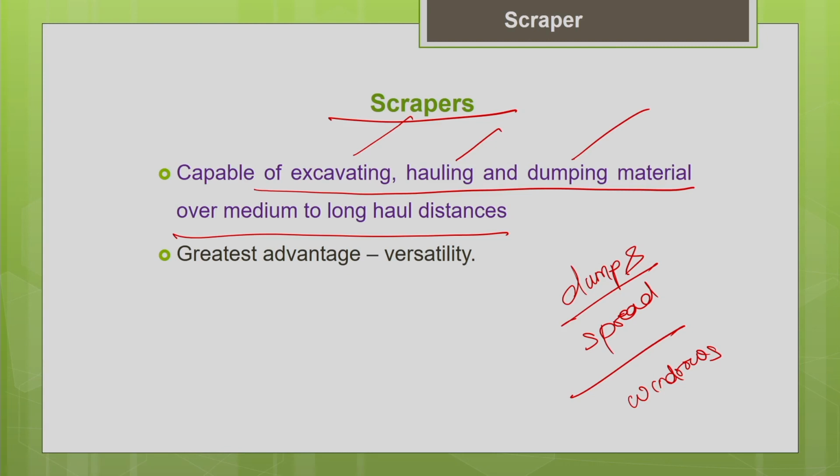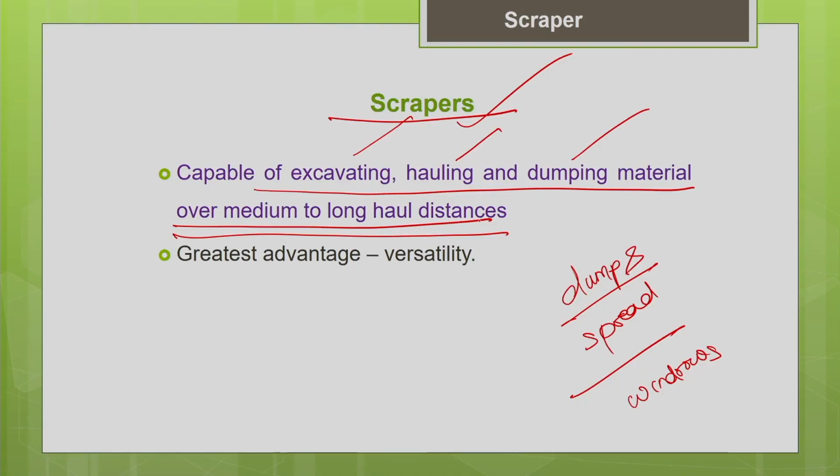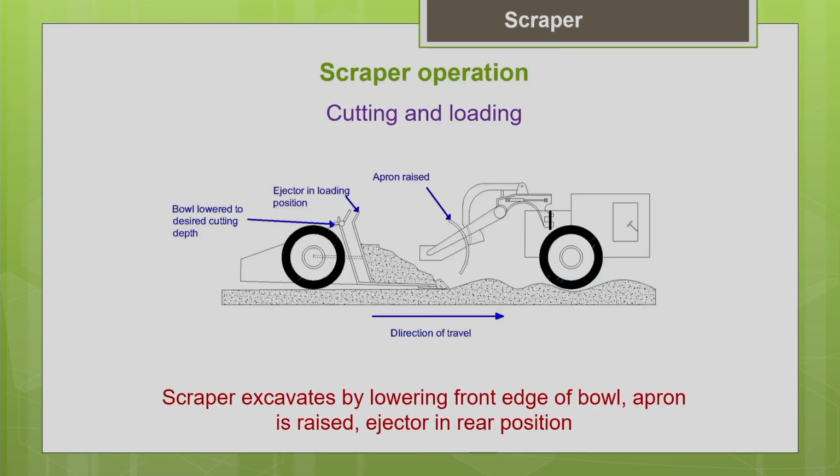Okay, so you cut the soil in one place and carry it and fill it in the other place. Okay, very commonly you can see in many construction projects like road projects, cut and fill earth moving operation. So, this is a very common equipment used for those operations, particularly for the medium to long haul distances. The advantage of both loading and hauling makes it more versatile for many applications.